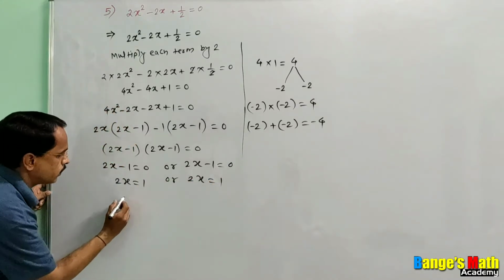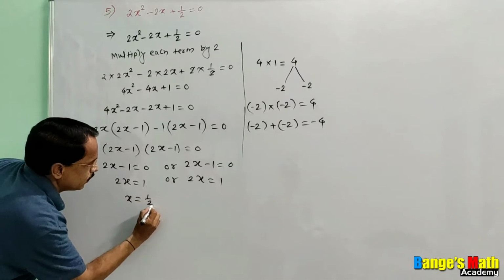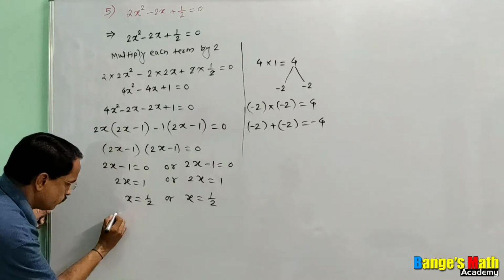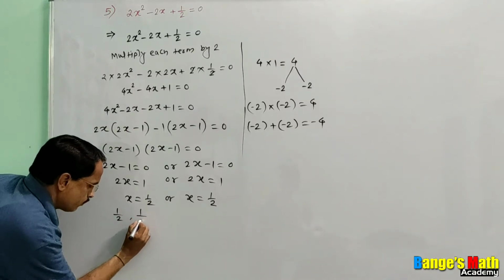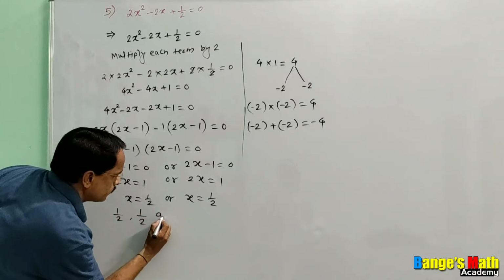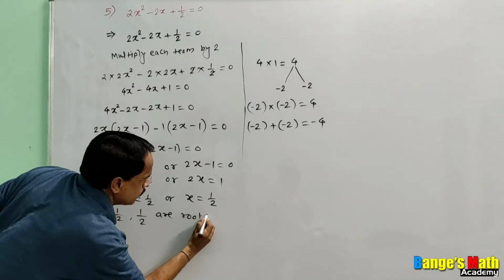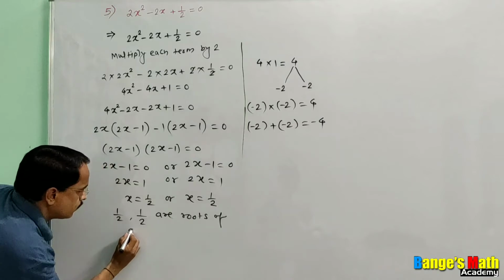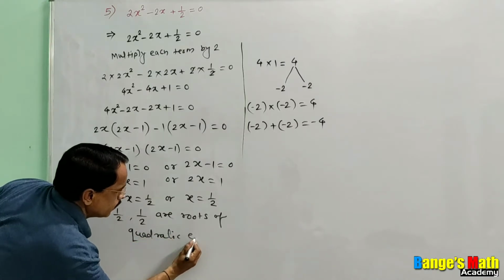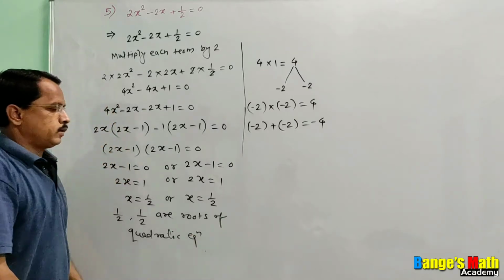Then transfer 2 to RHS: x is equal to 1 upon 2, or x is equal to 1 upon 2. So we get 1 upon 2 and 1 upon 2. Both the roots are the same, roots of the quadratic equation.